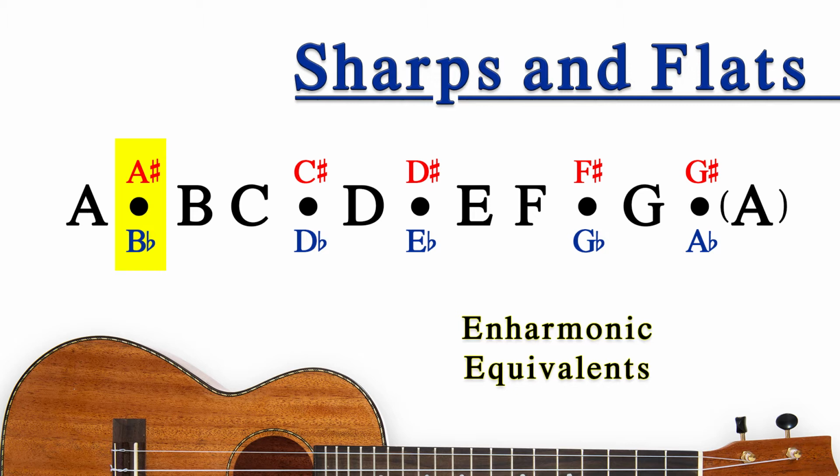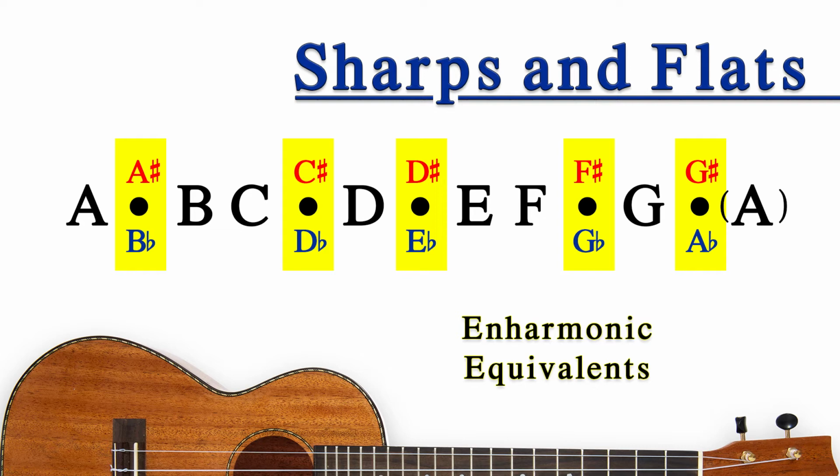They share the same dot between A and B, and thus share the same fret space on the fingerboard. A sharp and B flat are said to be enharmonically equivalent. In other words, they are spelled differently, but sound exactly the same. This term is used for each dot's dual spelling.